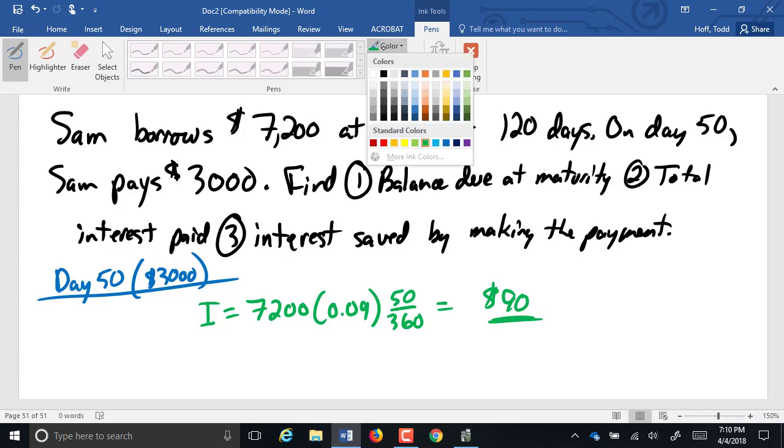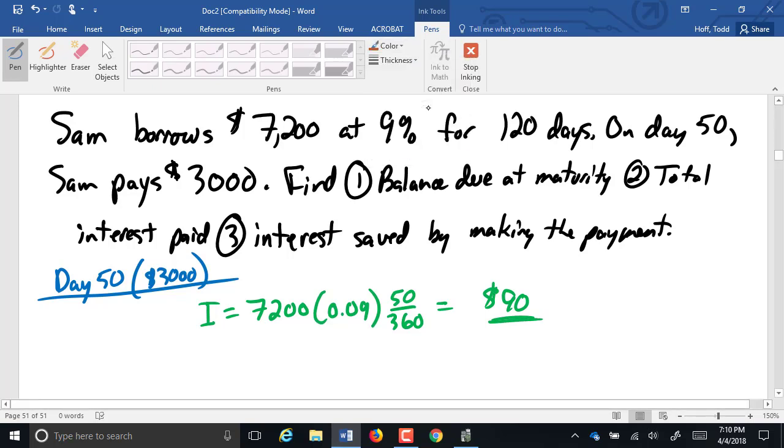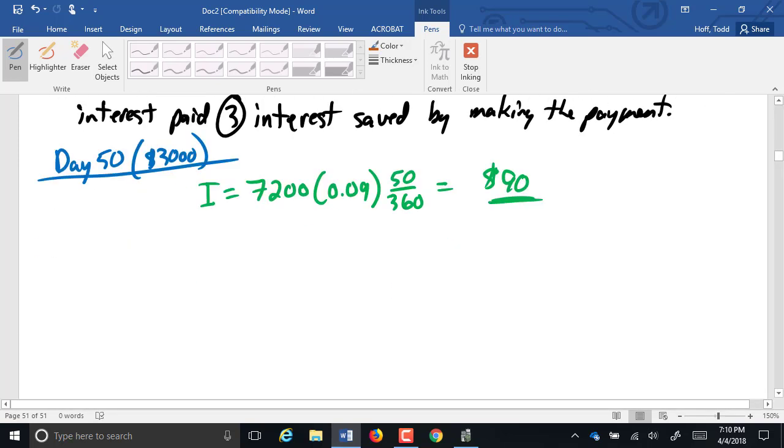I'm going to pause there. How many of you had the $90 interest? Okay, so we got a few of you. Now we've got the 7,200 plus the $90 equals $7,290.